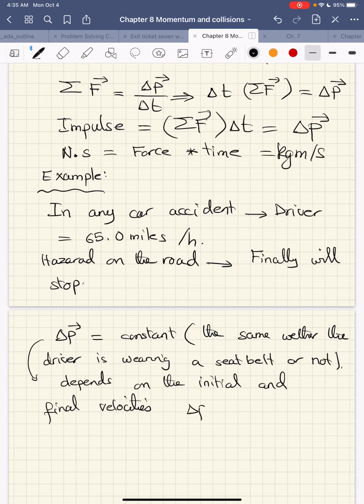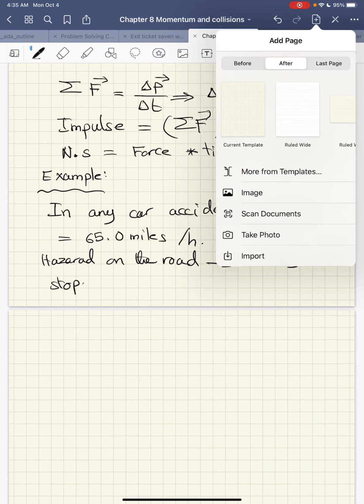And that is mv prime minus mv, where of course we're using the prime for the final velocity.